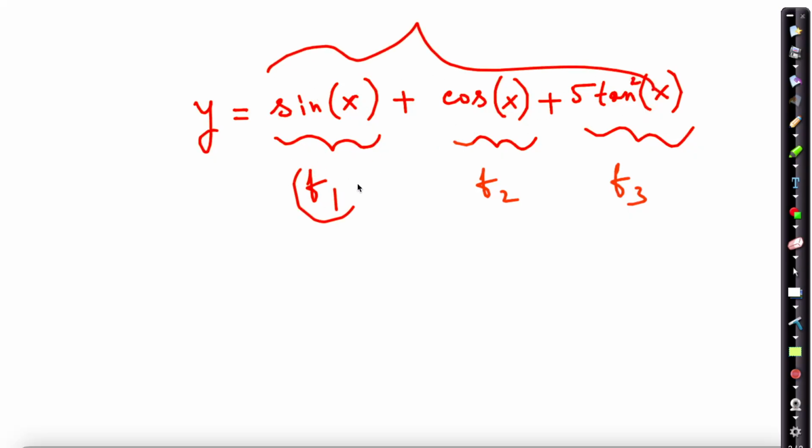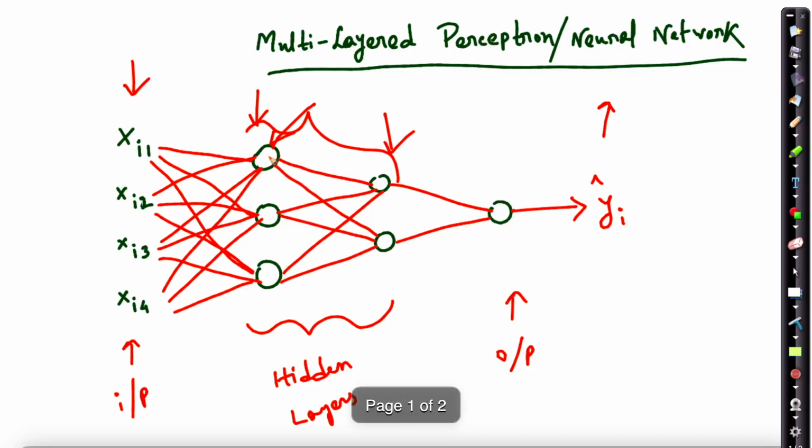We just broke it down into smaller functions so that we could calculate it very easily. Now, if I think of these functions as different neurons, as in the last slide, let's say this is F1, this is F2, and this is F3. It would be very easy for us to manage such complex functions and break them down into smaller functions, so that we could also visualize it and calculate it very easily.